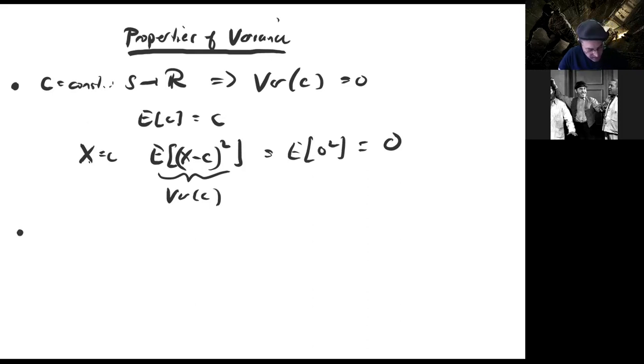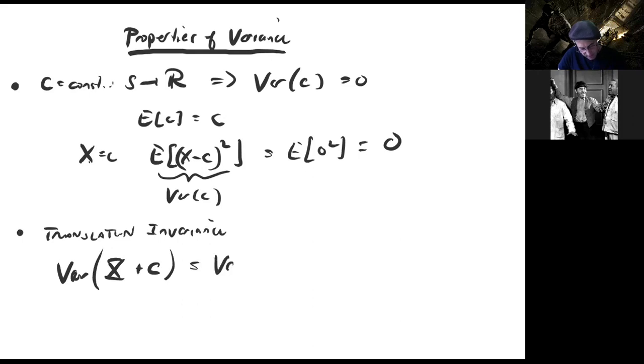The other fact is called translation invariance. So what is that? If I take x and add a constant, and then I take the variance, that doesn't change. The variance does not change. I'm going to show you why this is true, but I need some more space to do it.